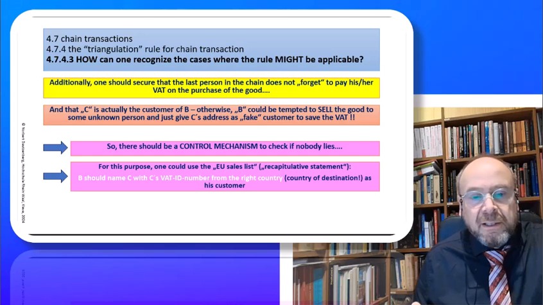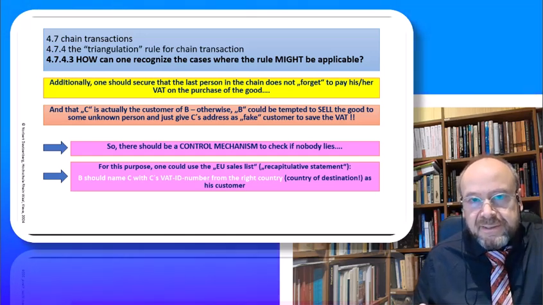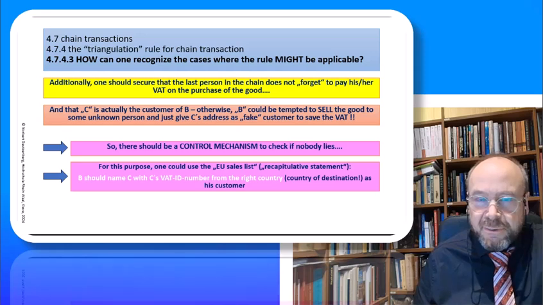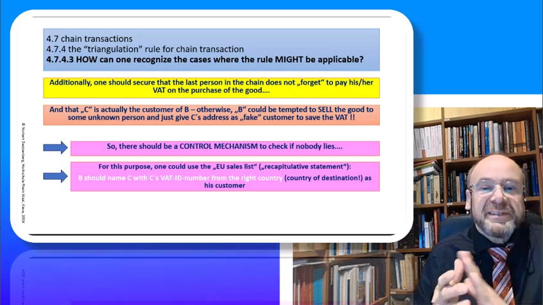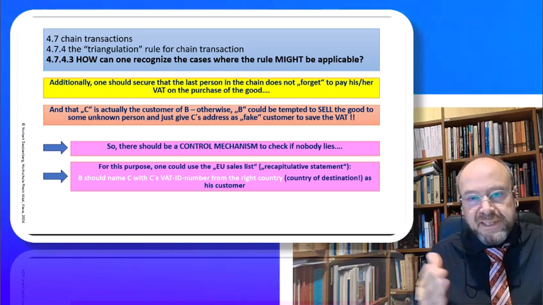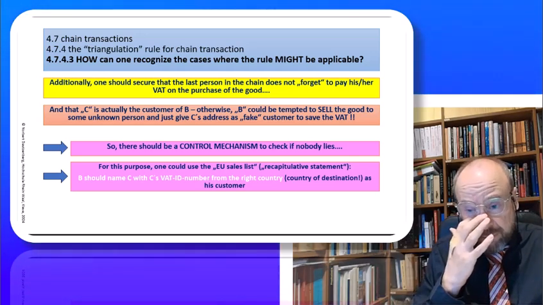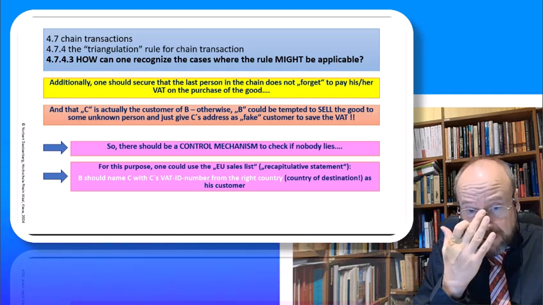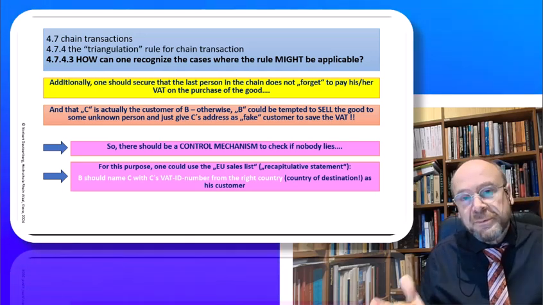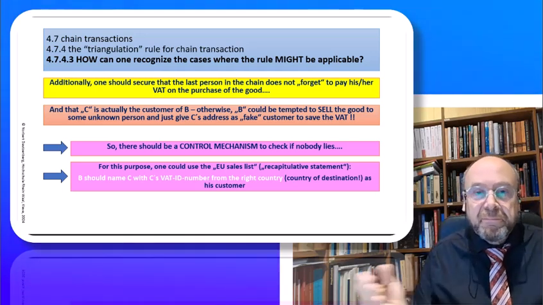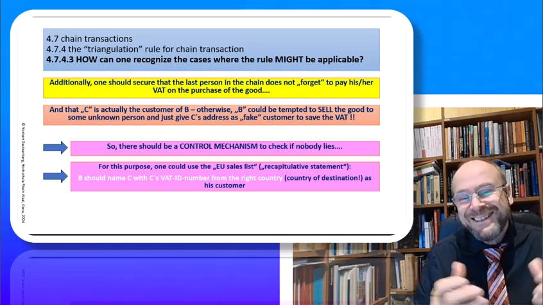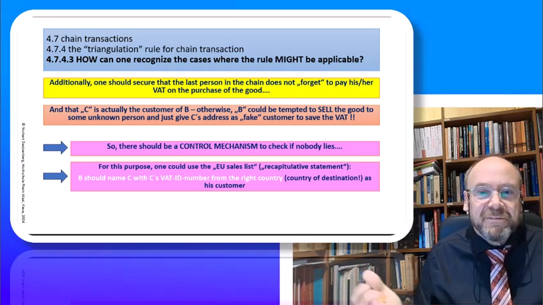So naturally, there's one risk. If C now gets a good, where B, the seller, doesn't charge VAT, trusting that C does it, C has to do it like under the reverse charge mechanism, same idea, then humans are humans. C could be tempted to say, let's forget about the whole stuff.